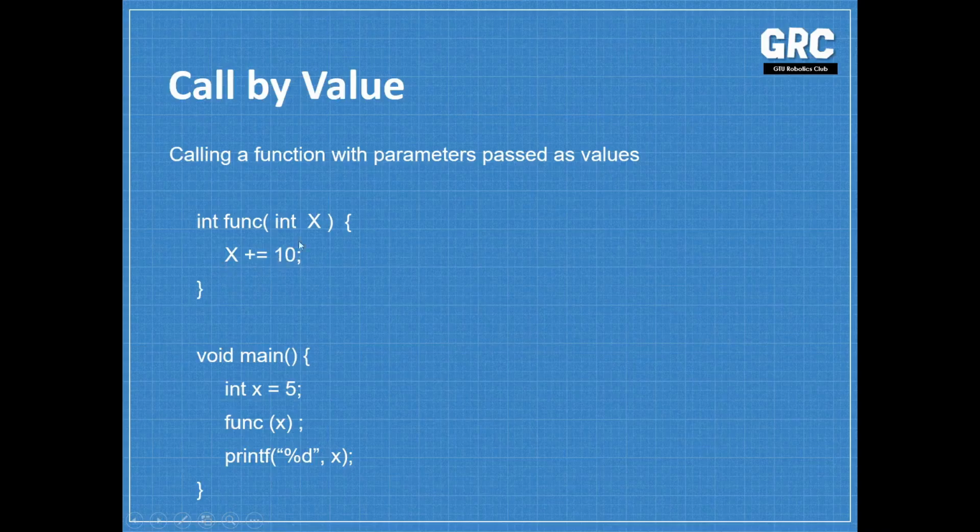The scope of this capital X is limited to only this function, hence the output of capital X will be 15. However, because the function was called by the call by value method, the small x's value will remain the same, and here we will print out 5.